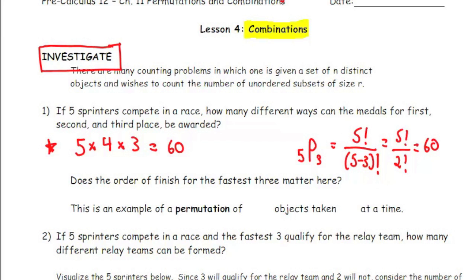So, counting principle was the first way we learned. Permutation notation was the second way we learned. Either way you go, it doesn't matter. We end up with the same answer.